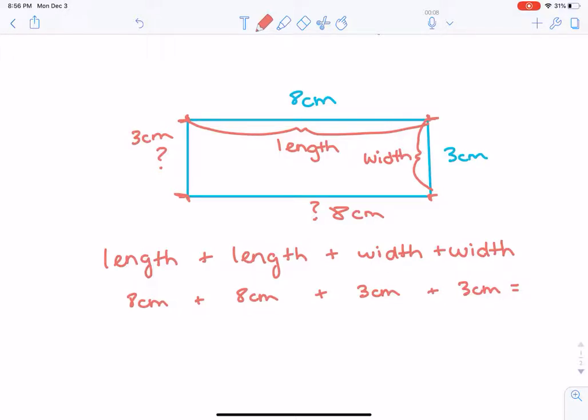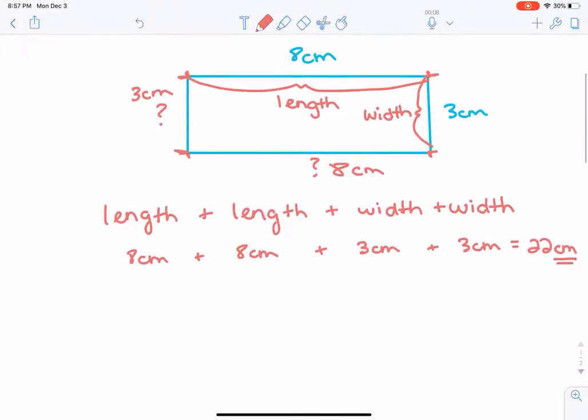So our 8 plus 8, that's going to give us 16. 16 plus 3 is 19. 19 plus 3 is 22 centimeters. And we cannot forget our units. So in this case, we're working with centimeters. So I wrote cm beside my 22, so that way you all know that I am working with centimeters. So I've discovered that our perimeter is 22 centimeters.